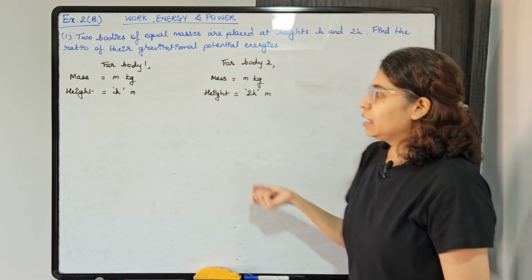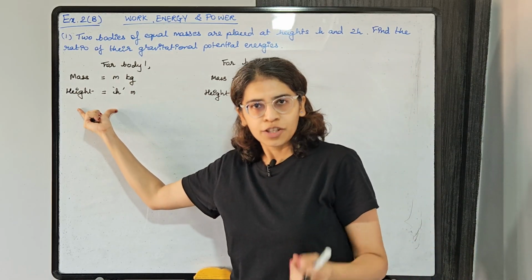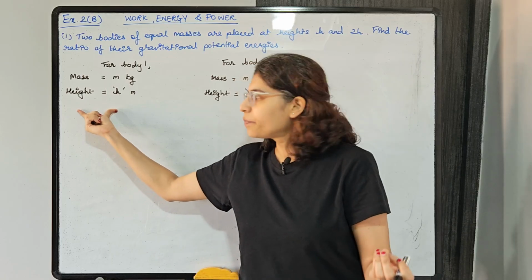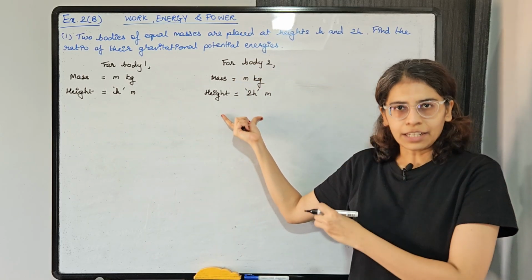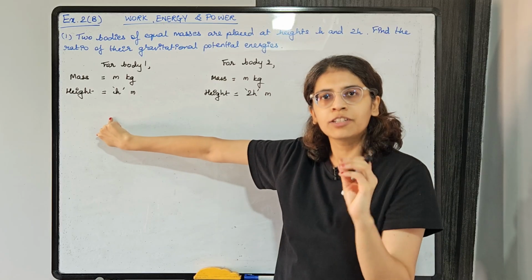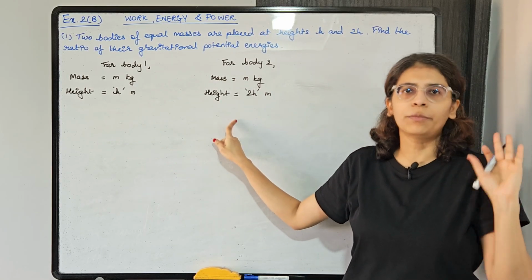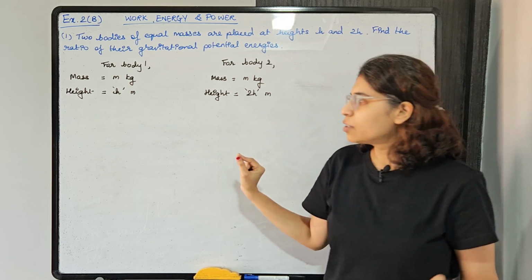All right, now over here you need to find out the ratio of the gravitational potential energy of the first body to the second one. So in the ratio, you will take the potential energy of the first body in the numerator and the potential energy of the second body in the denominator.